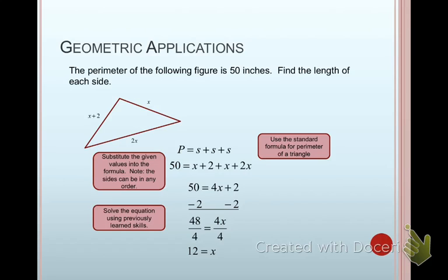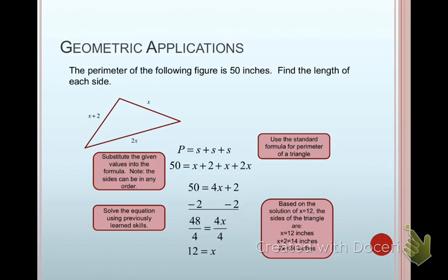We would do that by subtracting 2 from both sides. That would leave us with 48 equals 4x. Then we divide both sides by 4, and that leaves us with x equals 12. At that point, we only know that x equals 12, and we've solved for one of the sides, but it wants the length of each side.